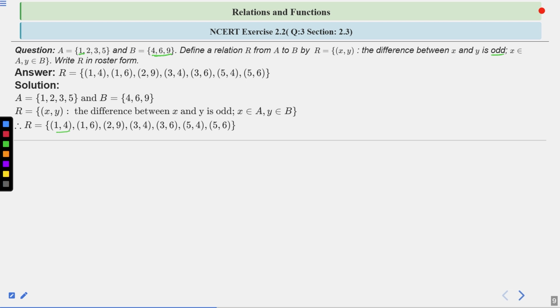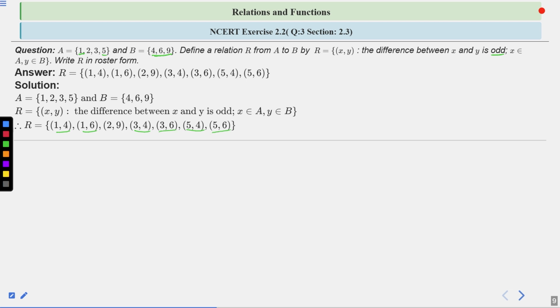What about 3, 4? Can we take 3, 4? Yes, because the difference is just minus 1, an odd integer. What about 5, 4? Yes, we can take. What about 1, 6? We can take 1, 6. What about 2, 6? No. What about 3, 6? Yes. What about 5, 6? Yes.